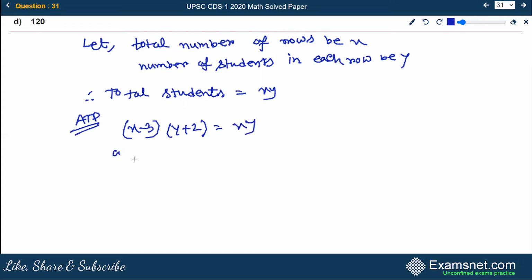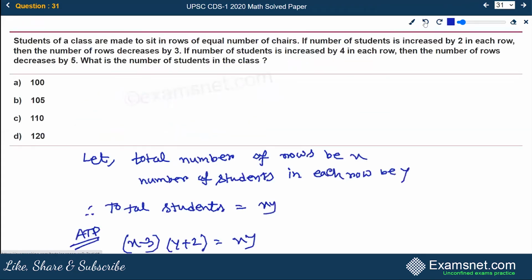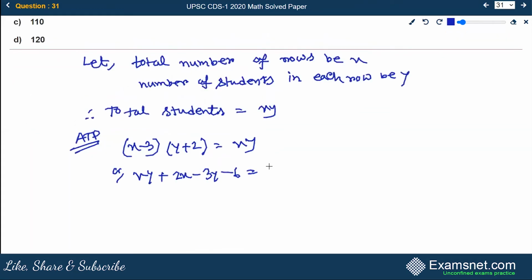If we further solve it, 2x minus 3y minus 6 equals xy. Here both xy get cancelled. We get 2x minus 3y equals 6. Let's name it equation number 1.